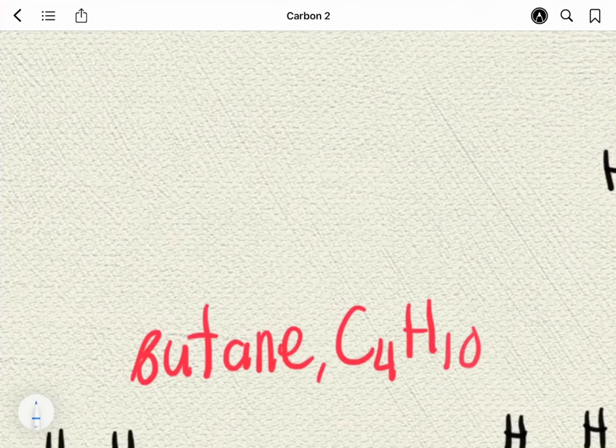As long as we are writing 4 bonds around each carbon, the hydrogen number will tally. So let's do one more example, butane C4H10. Again, first we will start by writing how many carbon atoms are in the molecule. So 4 carbon atoms, 1, 2, 3, 4. And around each carbon atom, we write a maximum of 4 bonds.